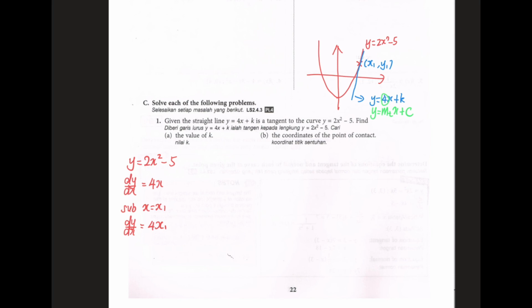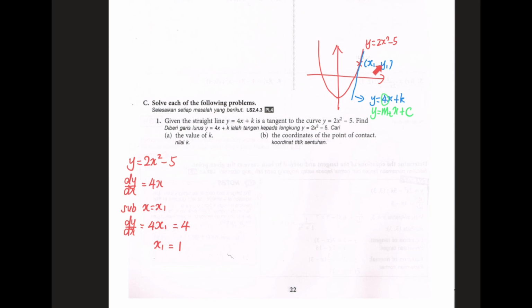So when I use this information, that means my 4x1 is actually equal to 4, the gradient of the tangent. So now you have to think of it in the opposite way. So your x1 is hence equal to 1. We solve the equation: 4x1 equal to 4, then you bring the 4 over and divide. 4 over 4 is 1.